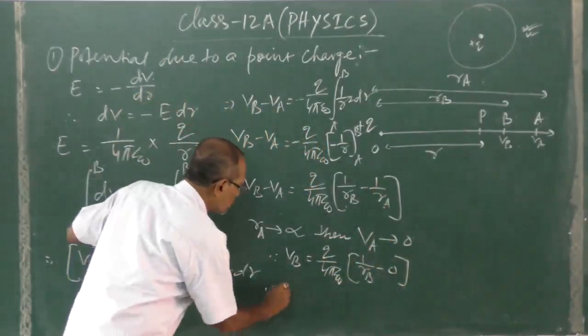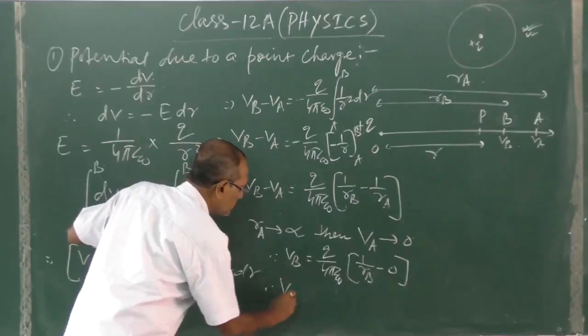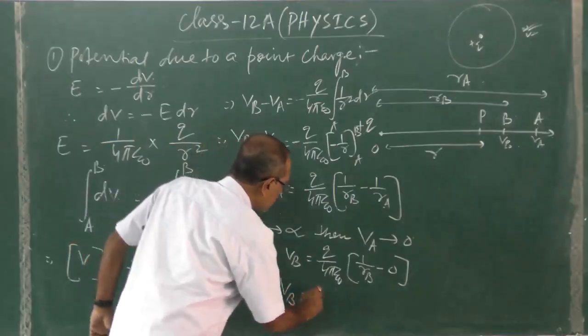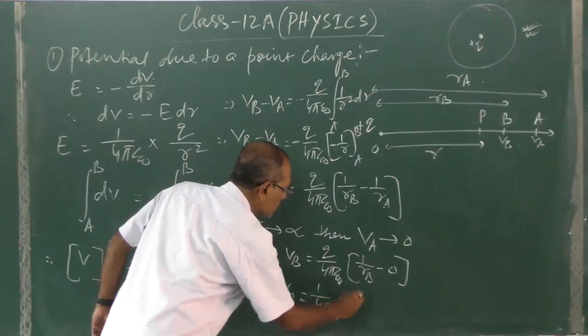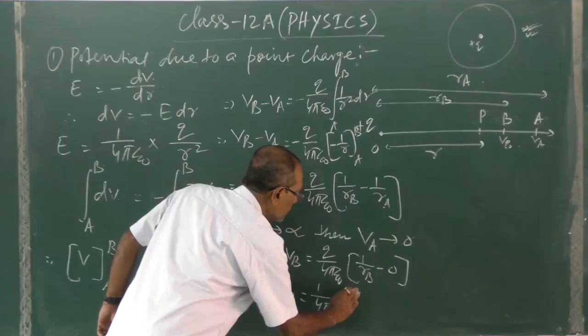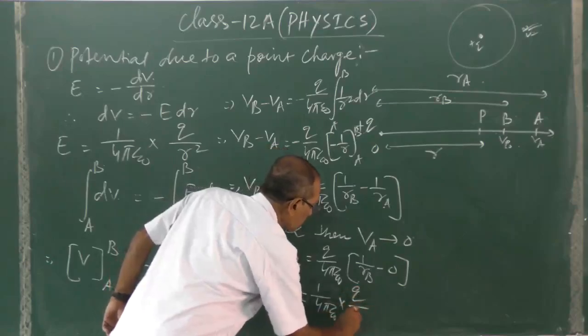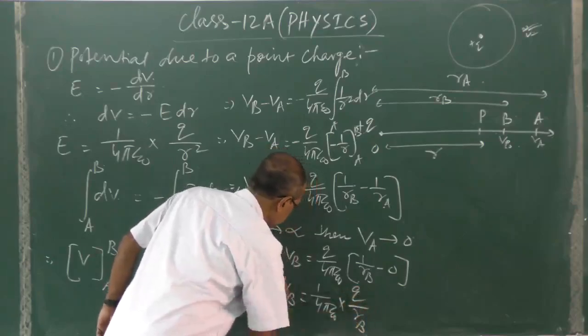So VB is equal to 1 by 4 pi epsilon naught into Q by RB.